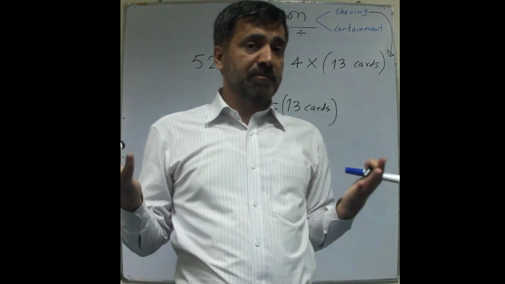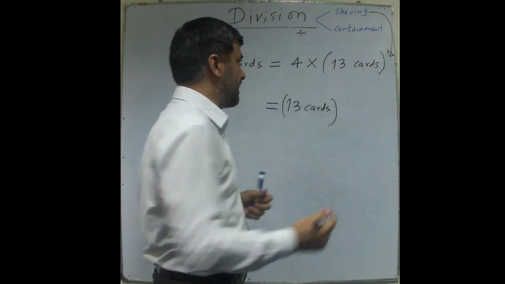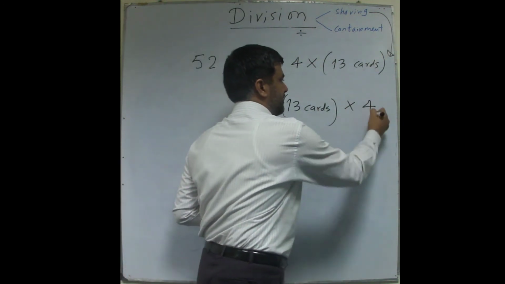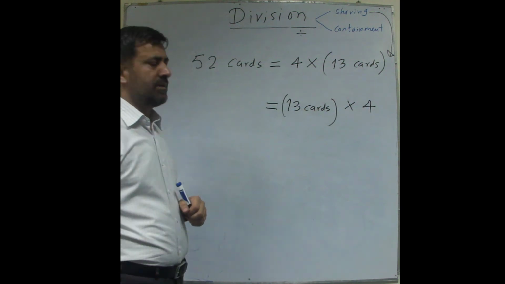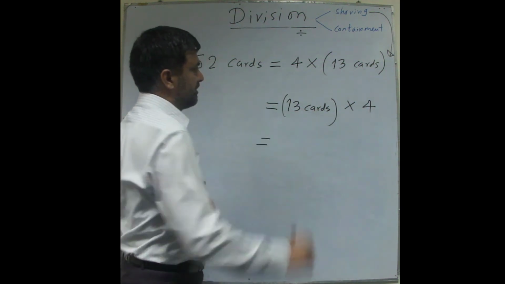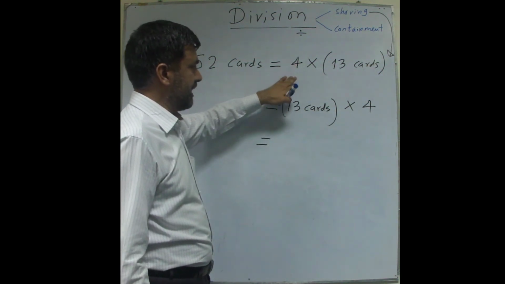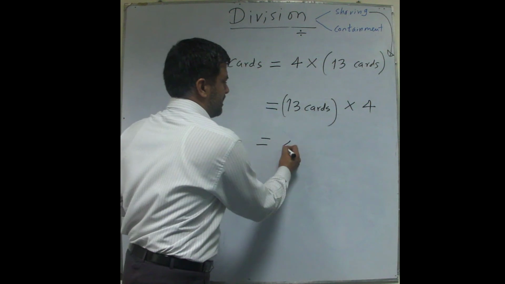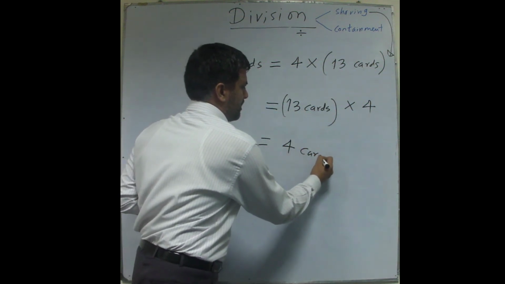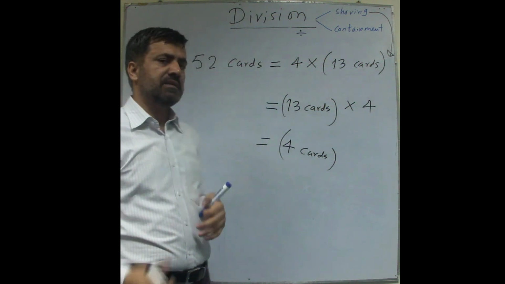I don't know the number of players, but each player is to receive 13 cards. So how many players do I have? But you can also view this from another angle. I can also see the rounds.